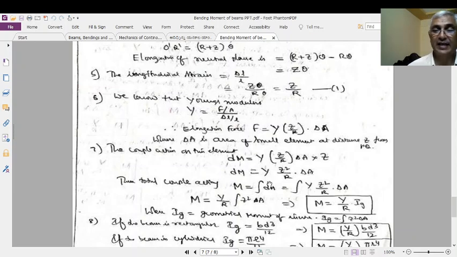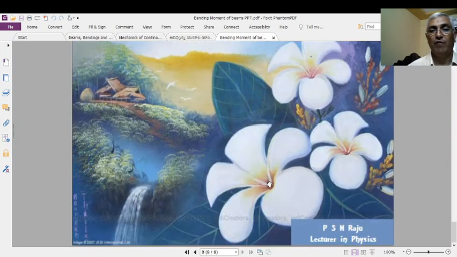It is calculated by means of the restoring couple or restoring torque, because in the equilibrium position, the bending moment is equal to the restoring moment.